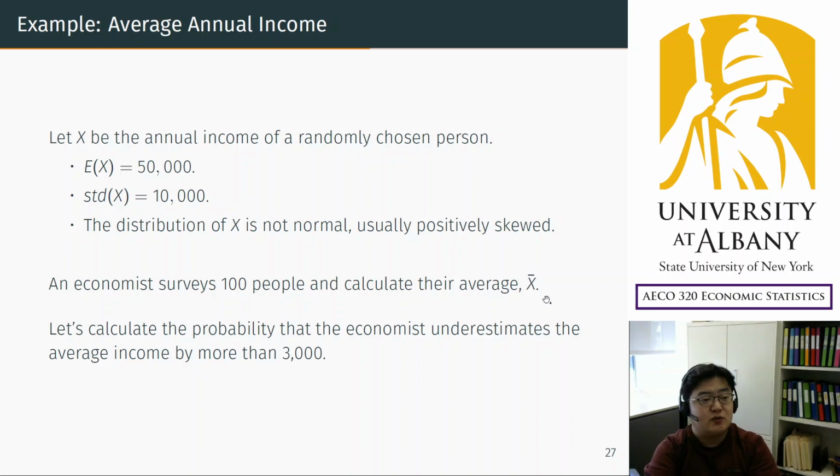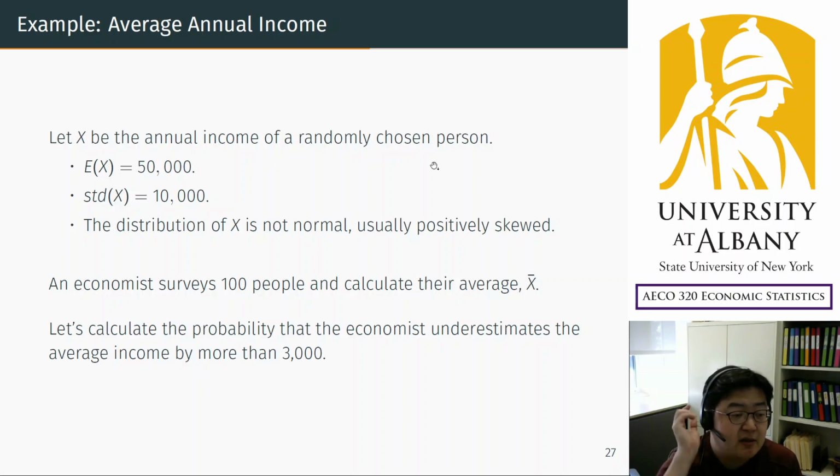So then let's go back to the original example of the income survey. First, we will start from the single original experiment of X. X is the annual income of one person. So X is just for one person, and I assume that the parameters are like this. The mean: if you randomly choose a person, then on average, the income will be 50,000. And standard deviation will be 10,000.